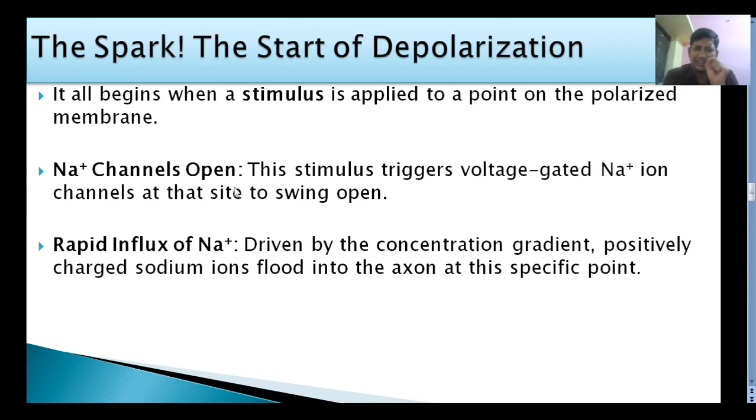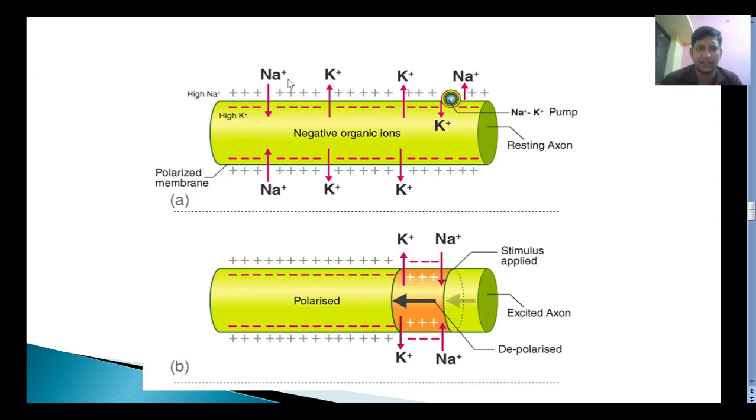Now this stimulus triggers the opening of sodium ion channels. As a result, there is a rapid influx of sodium ions. Now see this diagram, dear students. The above one is the polarized membrane. When a stimulus is applied at this region, in the polarized state the outer region is positively charged, the inner region is negatively charged.